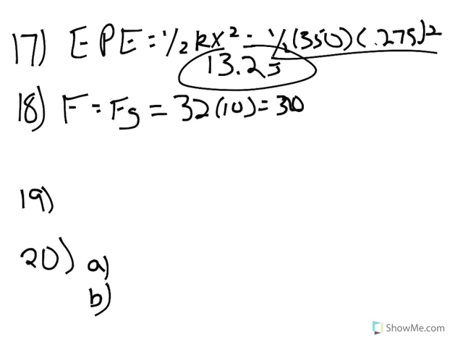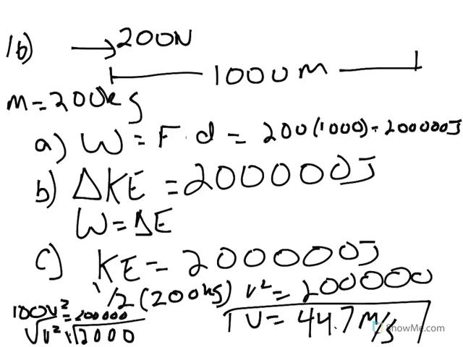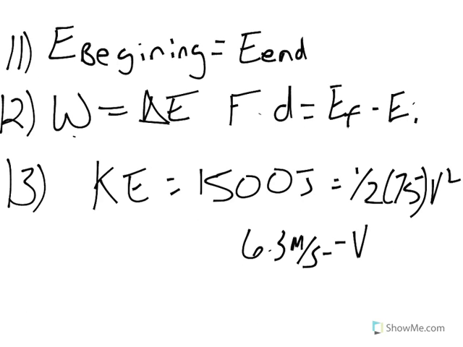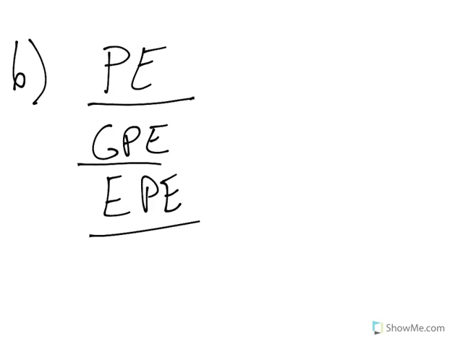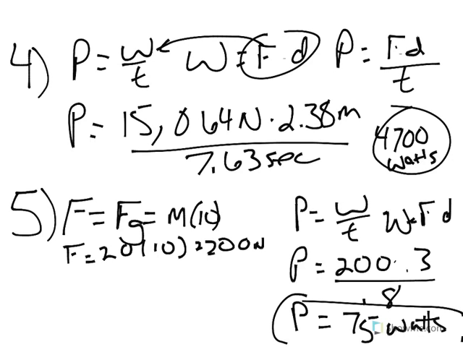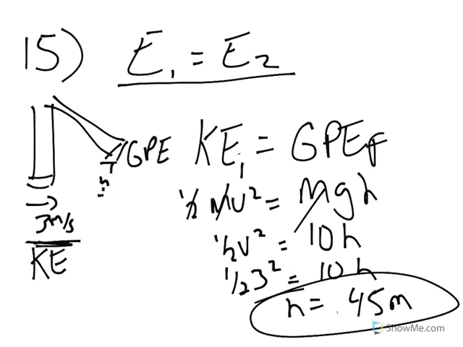Okay, then we got, if we go back here a couple pages, one more. Power is work divided by time, and then power is equal to force times distance divided by time, because work is force times distance. So that's what we're going to use.